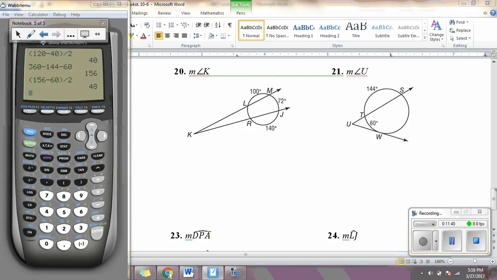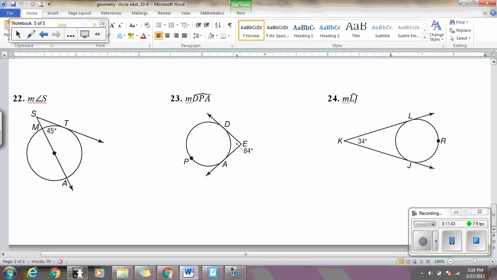And last but not least, number 23. Number 23 wants us to find the measure of arc DPA. They give us the angle DEA, and that angle is outside the circle, or you could say angle E. So since angle E is outside the circle, we're going to use the outside formula.